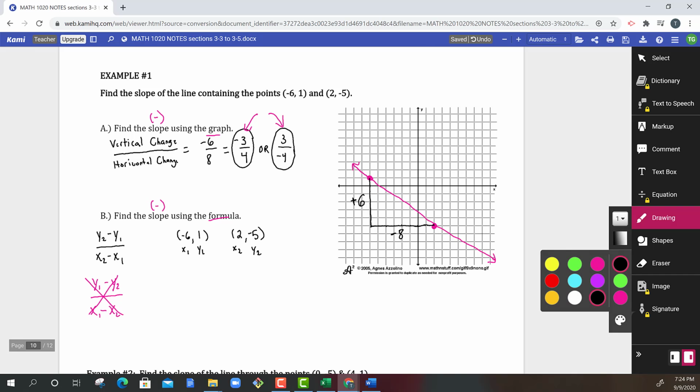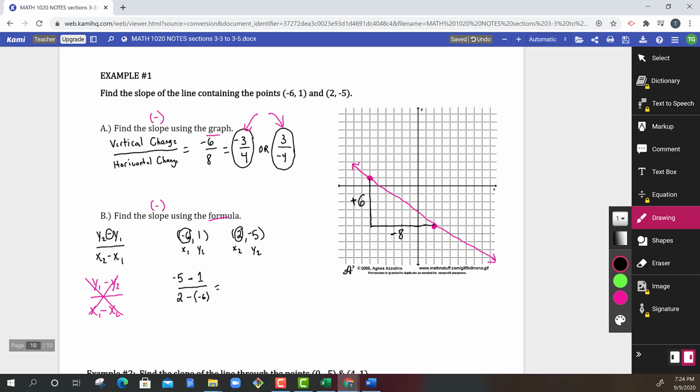So we're going to do y2, which is -5, minus y1, which is 1. Remember, there's always a subtraction sign in the middle. So that's our y's. And on the bottom, we're going to do x2 minus x1.